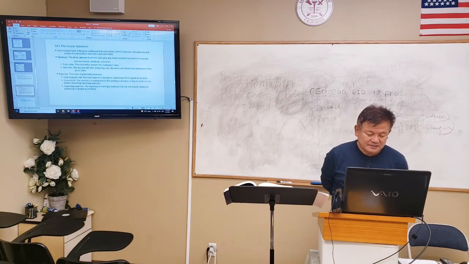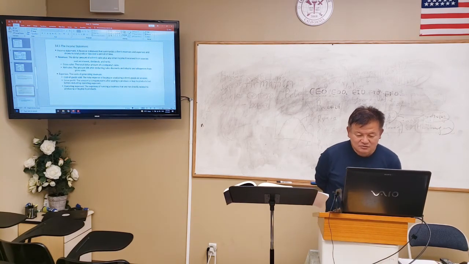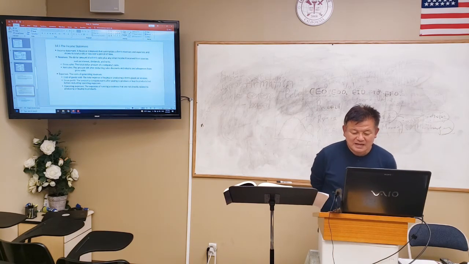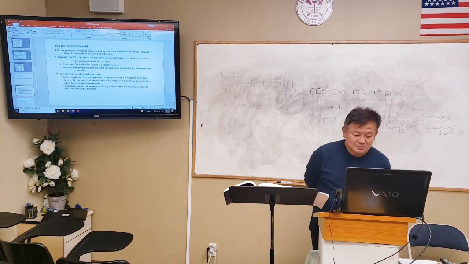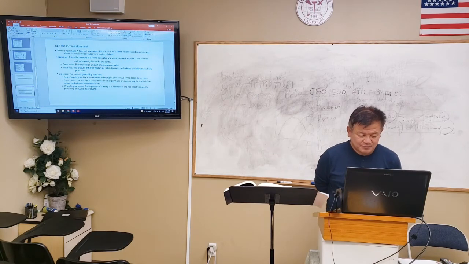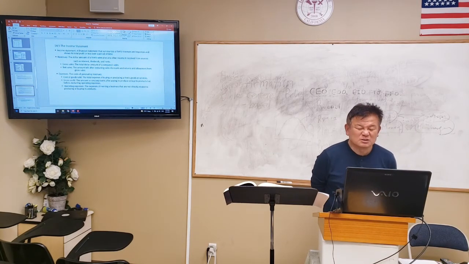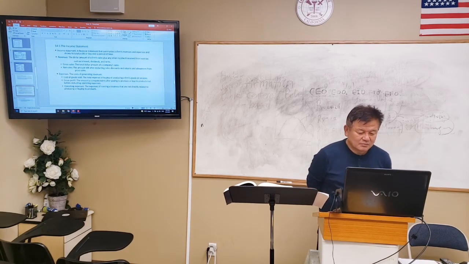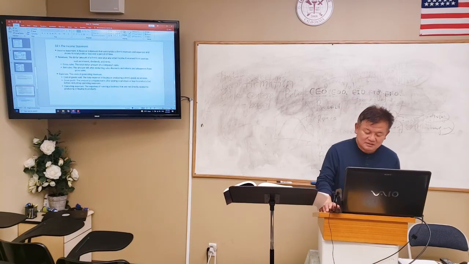And gross profit. Gross profit means the amount a company earns after paying to produce or buy its products, but before deducting operating expenses. And operating expenses are the expenses of running a business that are not directly related to producing or buying its products. As you know, this is very common sense.